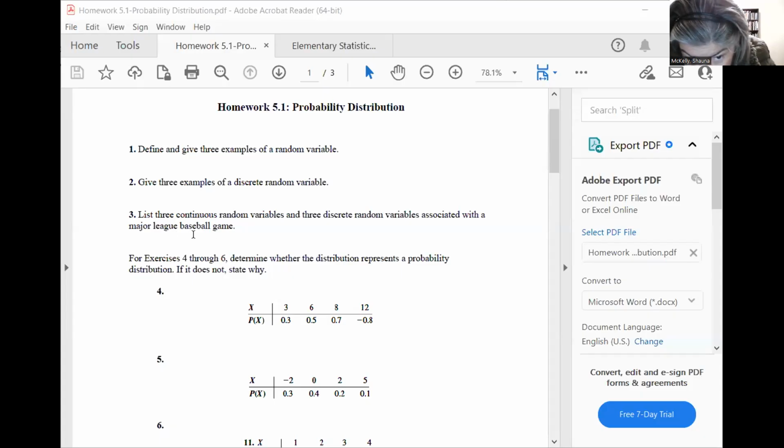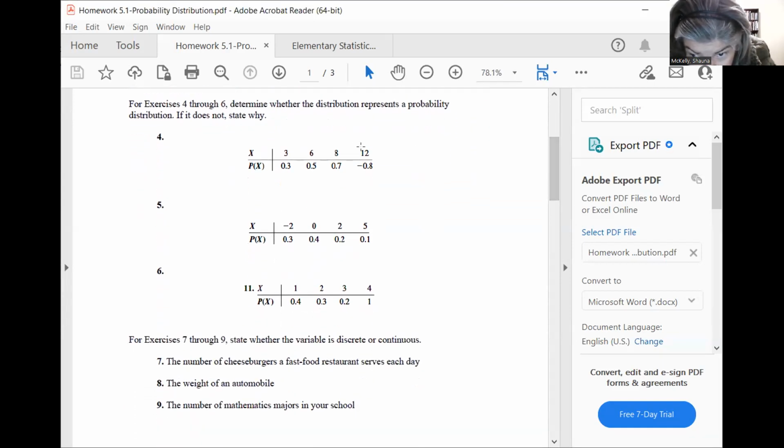So again, 3 continuous variables and 3 discrete random variables associated with Major League Baseball. I'm going to let you work on that on your own. If you have questions, feel free to email me. There are lots of possible options. I gave you some earlier, but let's go back to what we were talking about here.